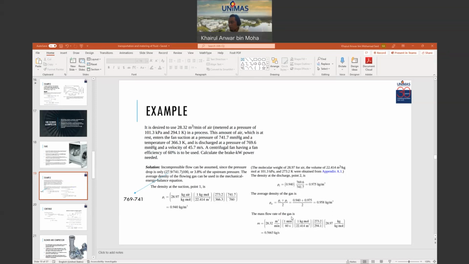The mass flow rate of the gas is m equal to 28.32 from the question. This is a unit conversion.